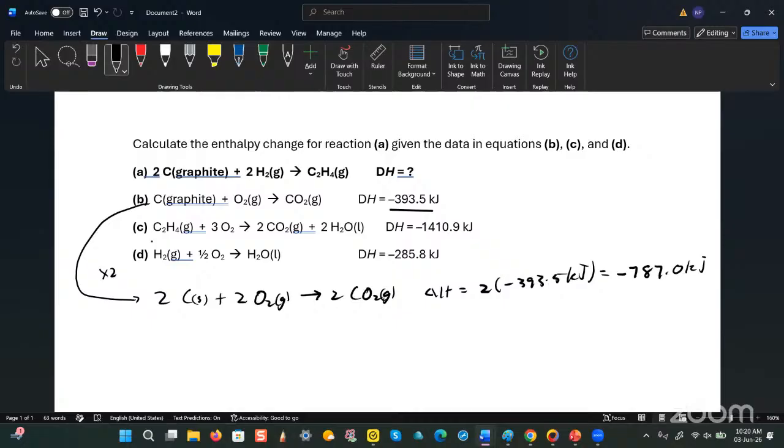Okay, then we compare the next equation to the first one. And what do we notice that they have in common? They both have C2H4, but the difference is the C2H4 here is on the left, while the C2H4 here is on the right side. So what we're going to do with this equation is flip it.